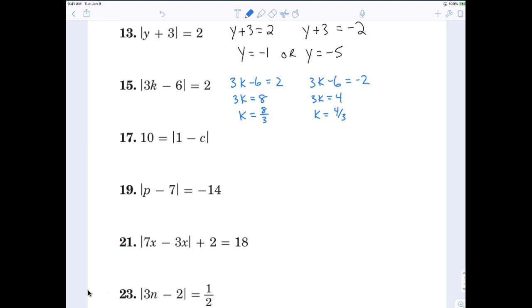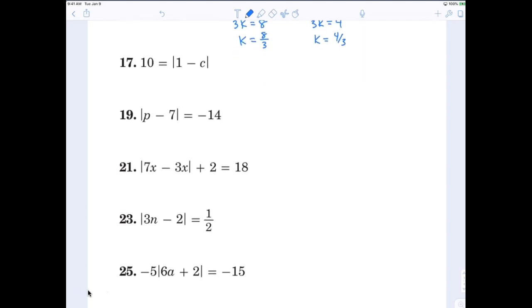You want to give it a shot? Let's go. Now, again, we're not going to write 10 equals, right? We're just going to write the absolute value first. So we're going to write, tell me, 1 minus c. Good. And the 1 minus c equals negative 10. Beautiful. Now what? We do minus 1. Good.